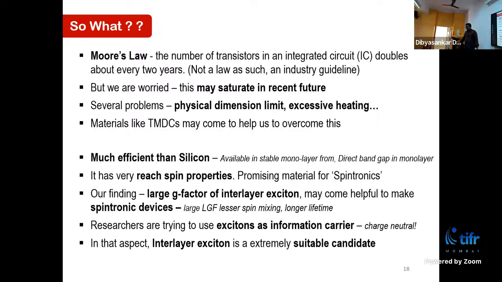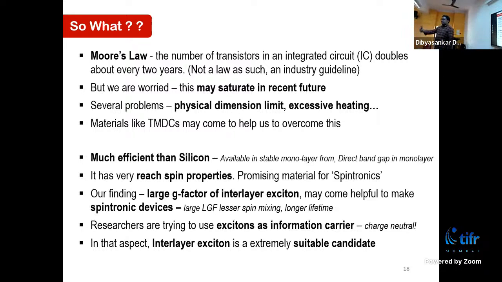Now a kind of research is going on: without considering one electron flowing, can we consider the exciton as a species and carry the information? Because the exciton is a charge neutral particle, as it has an electron and a hole, as a whole it is charge neutral. And the heating is proportional to the current, which is because of charge.